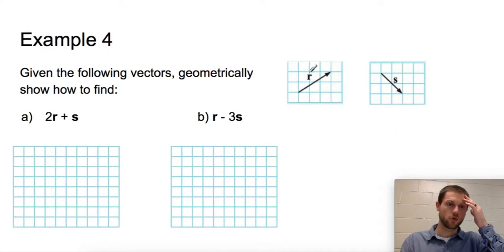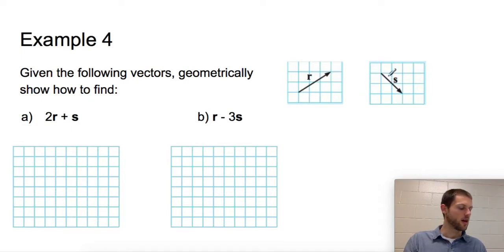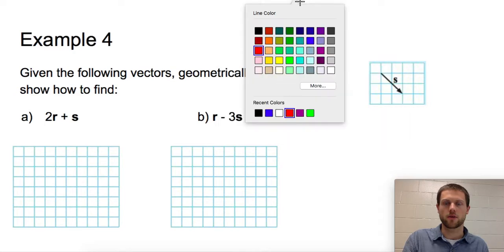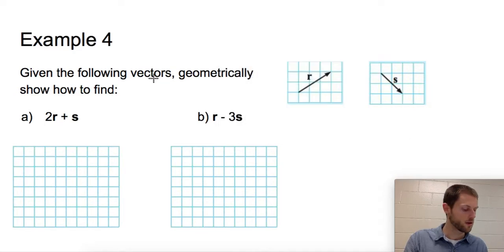We want to write out some resultant vectors. We've got a sum and some scalar multiplication given these 2 initial vectors, r that looks like this and s that looks like this. So let's start off by using the graph to graph vector r. Let's start from here.